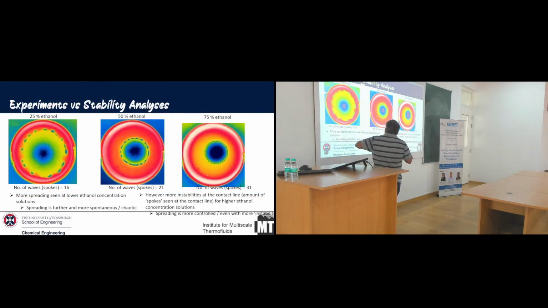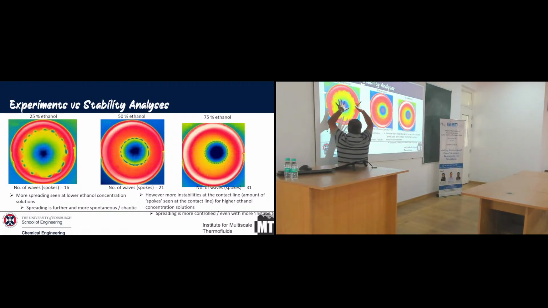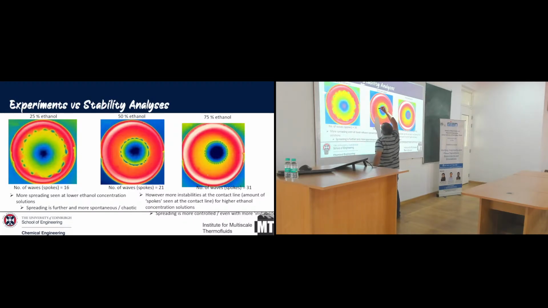The spreading is also pretty chaotic. It's very difficult to see where the spokes merge. You know that they merge, but it's difficult to actually see it properly. These rims that develop as the spokes develop are because of a contact line instability, so the mechanism leading to this rim is slightly different.